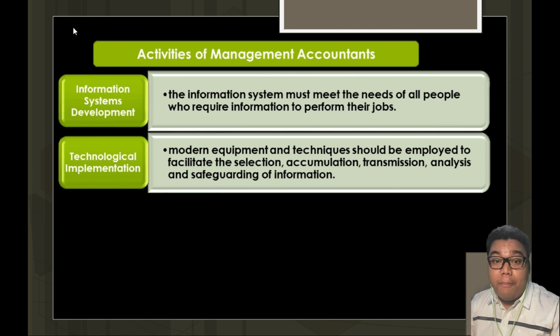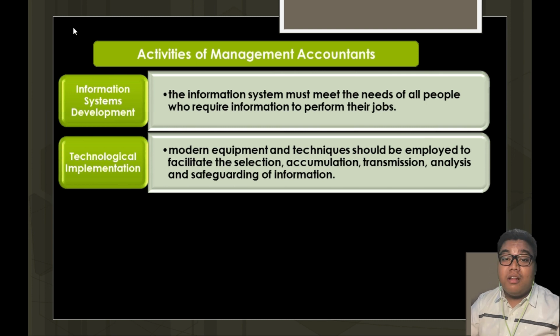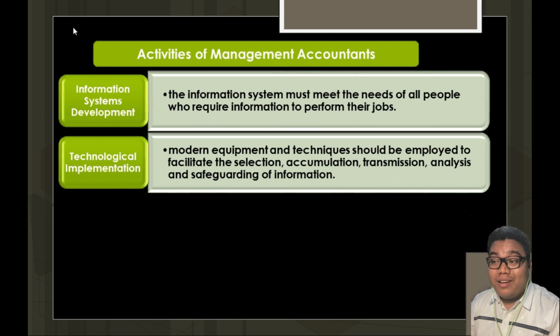Remember that the focus of management accounting is timeliness rather than precision, so they should be able to provide reports. Again, although timeliness is the focus, it is better for the organization to have the reports as accurate as possible.